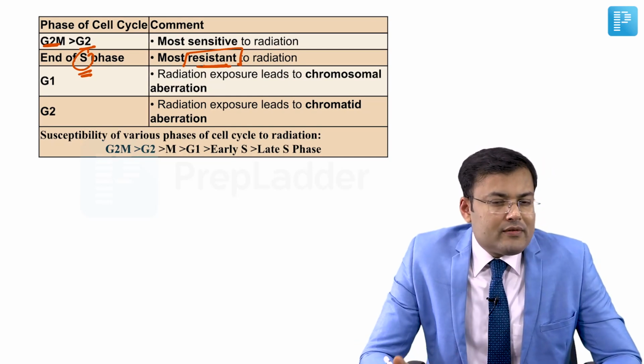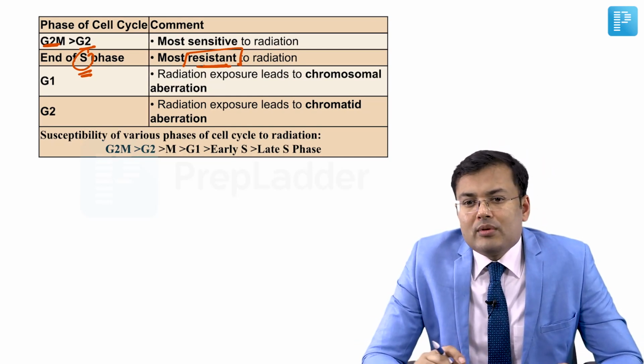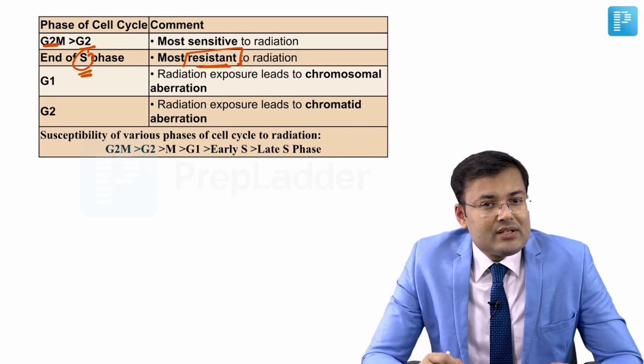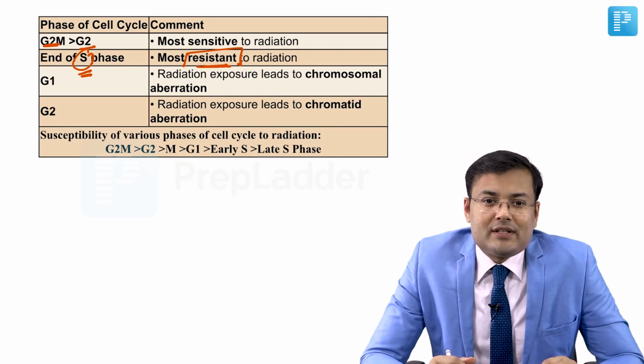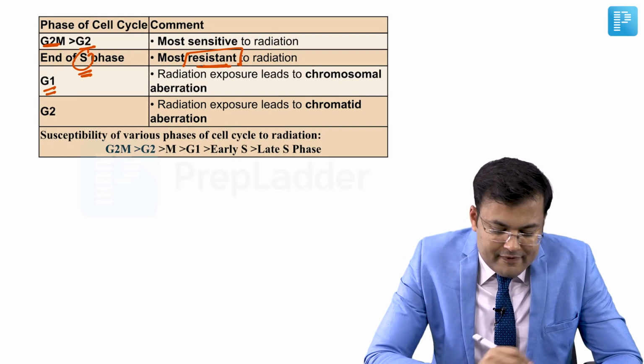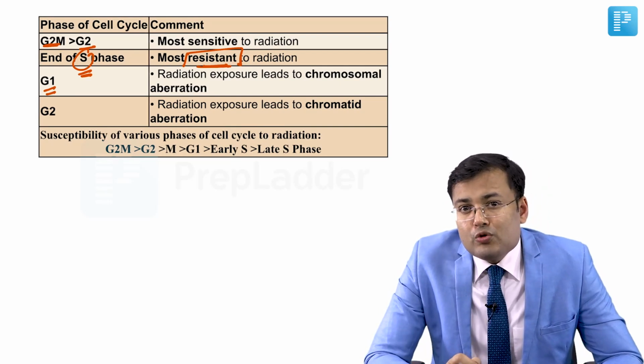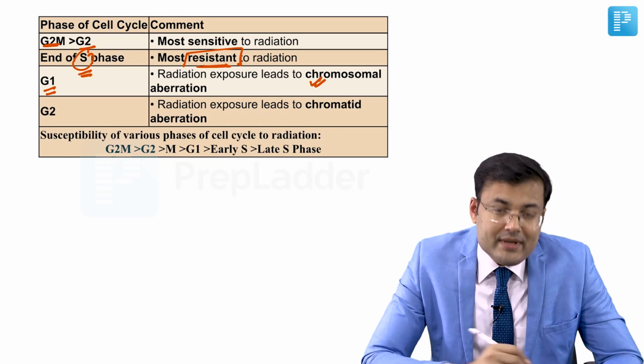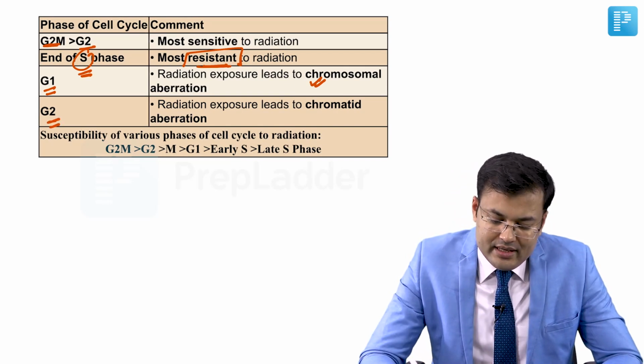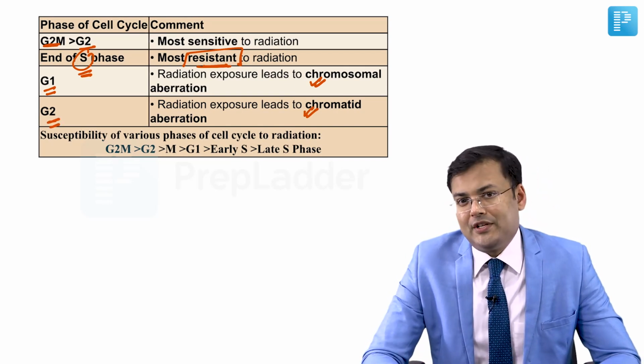Now, because of radiation exposure, there are two problems. One is chromosomal aberration and the second is chromatid aberration. In G1 phase, radiation exposure leads to chromosomal aberration, and in G2 phase, it leads to chromatid aberration.